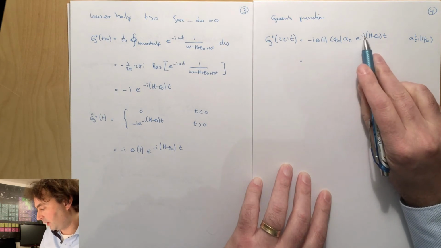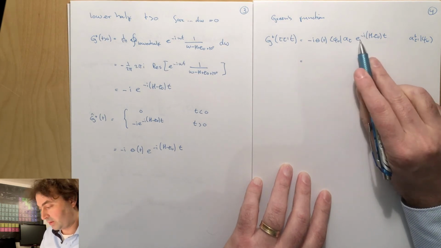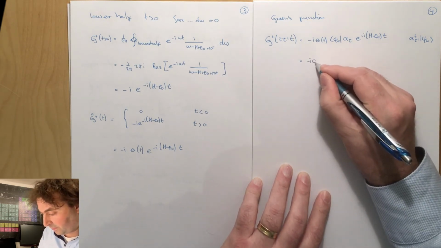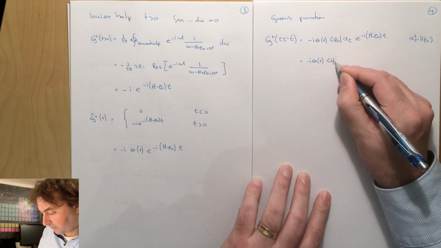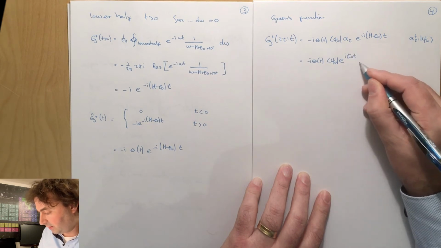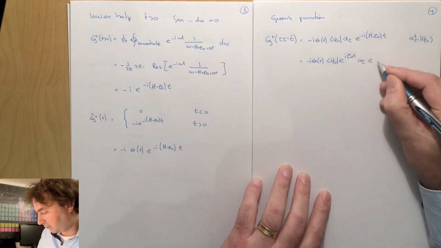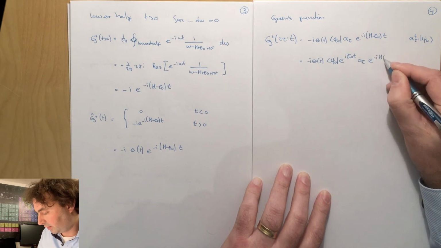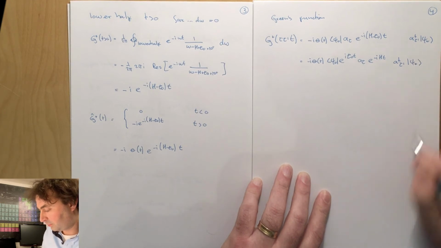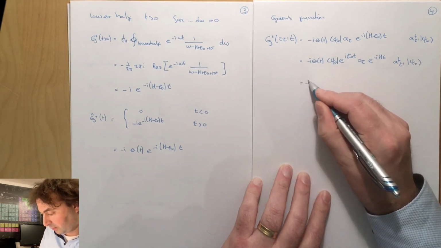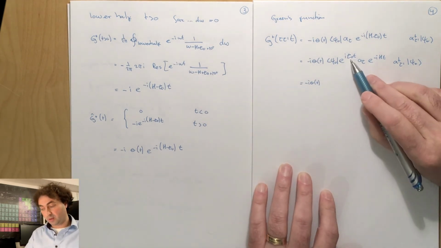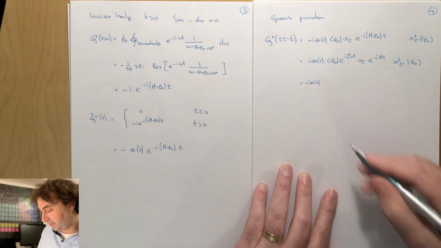This is e to the minus i times minus E0, so that's e to the i E0 t, which is just a number, so that we can take it on the other side of the operator. So we have e to the i E0 t, annihilating the particle, e to the minus i H t, creating the particle, psi 0, e to the i E0 t, that is the Hamiltonian acting to the left.